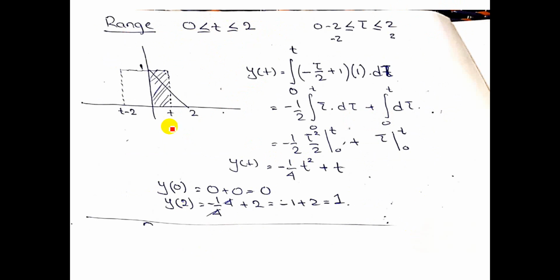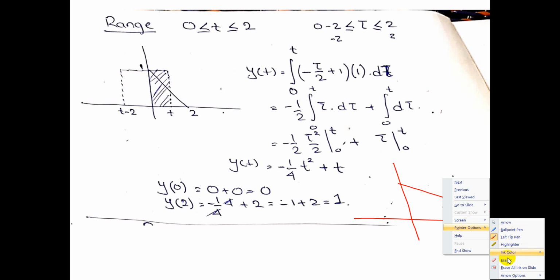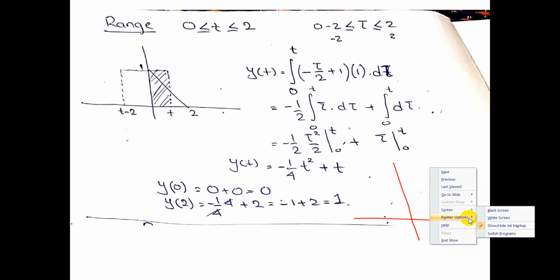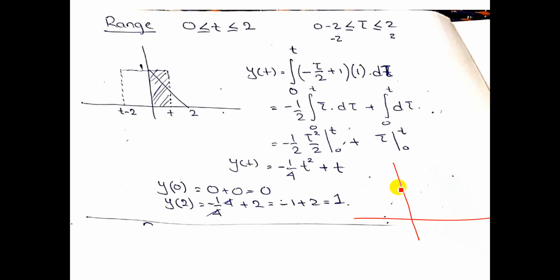let me make this one here. This is the one signal given to me. For example, say this is 2 roughly, and this is 1.